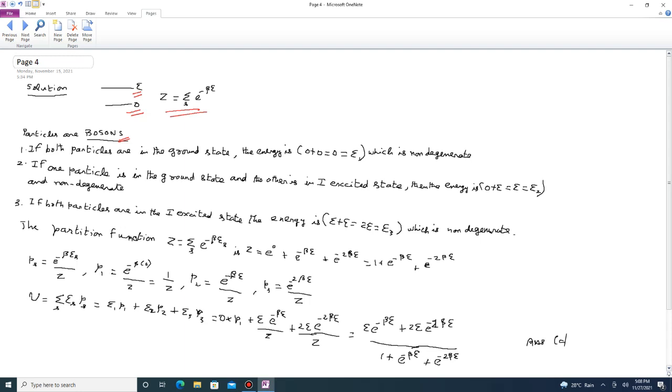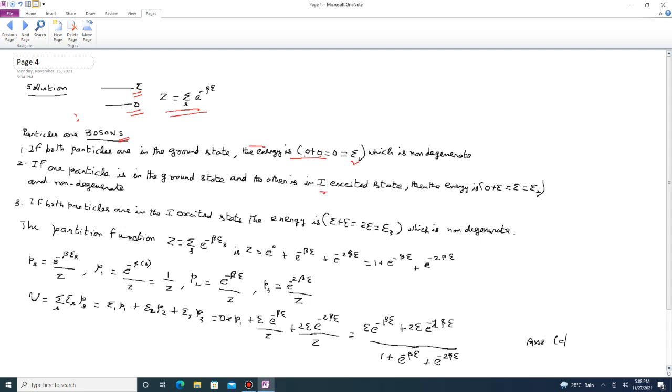So the two particles can occupy the levels in this way. First, 0 plus 0: the first particle as well as the second particle both have energy 0, so the total energy must be 0. This is E1, which is non-degenerate. The second possibility is that one particle is in the ground state and the other is in the first excited state.